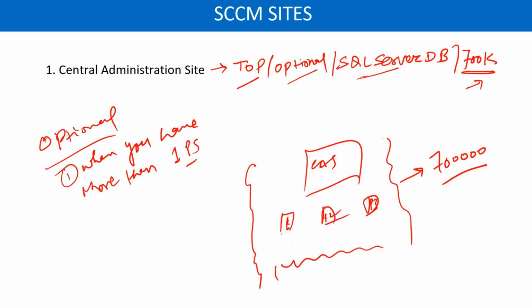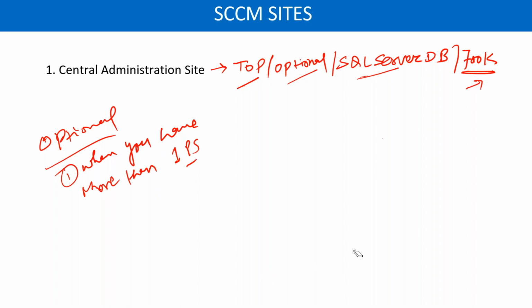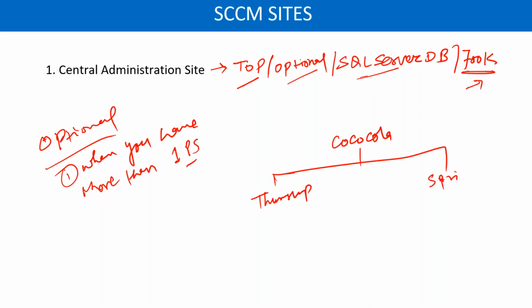So for example, let's take Coca-Cola. Coca-Cola is a brand, like an umbrella, right? And Coca-Cola has two companies. Let's say Coca-Cola has Thumbs Up and Sprite, for example.